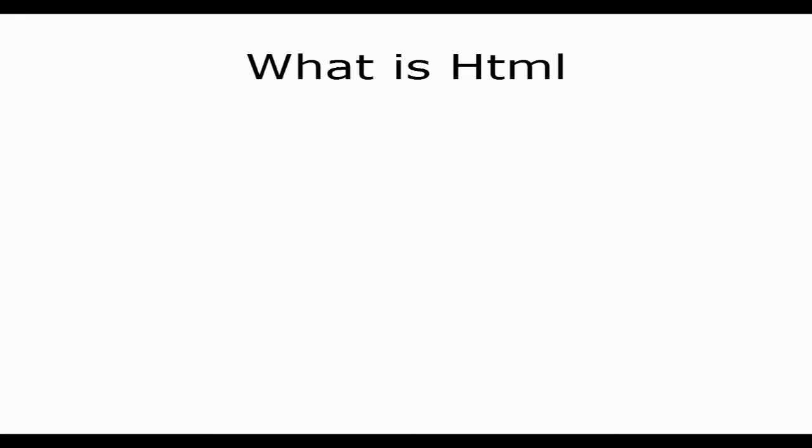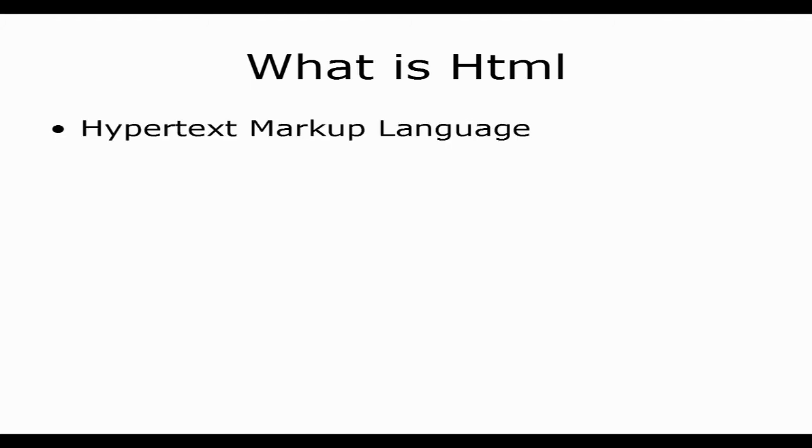HTML documents contain tags and plain text, also images. And HTML documents can be referred to as web pages. Alright, so when you click on a website and you go from one page to another, you are actually clicking on HTML documents. Just to go through what I've just mentioned, HTML stands for Hypertext Markup Language.